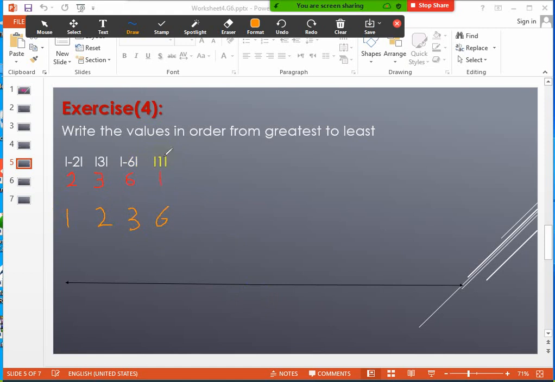Now I will write the answers with the absolute value. 1 is the absolute value for 1. 2 is what? The absolute value for... the absolute value for 6. And the 6 is the absolute value for negative 6. This is the order.